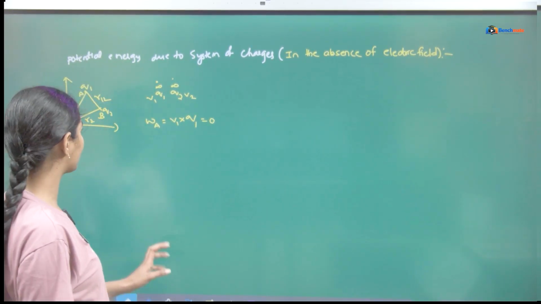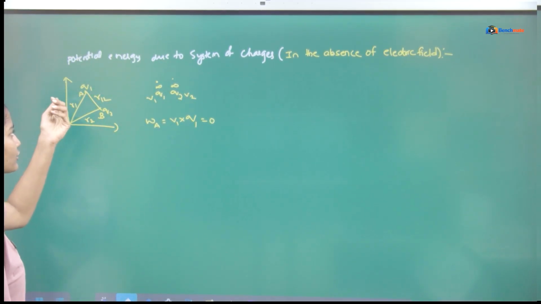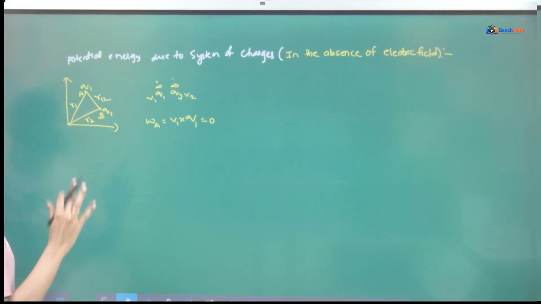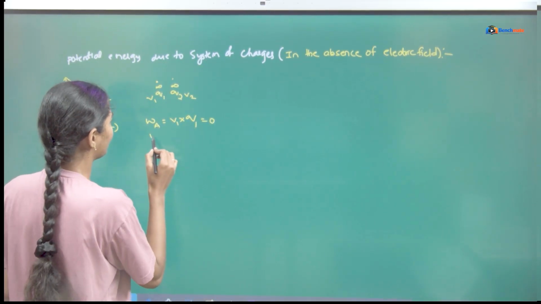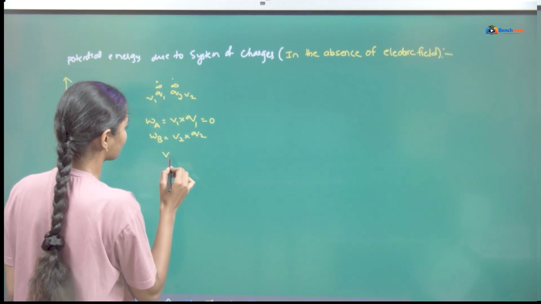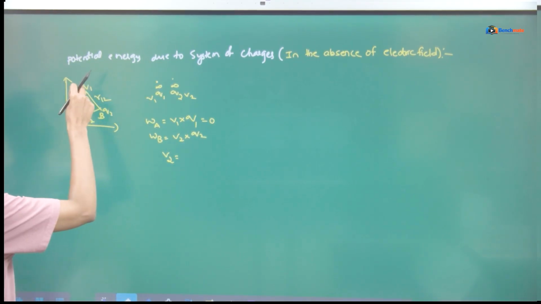Why it is going to be 0 is, initially the system I am taking is empty, there are no charges, the two charges are at infinity. When I am bringing the Q1 charge, there is no one to oppose it. Now if I calculate for B, that is V2 into Q2. When I am bringing the Q2 charge, Q1 is already there in the system.